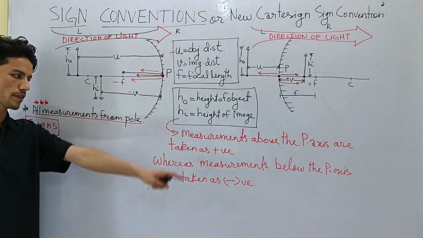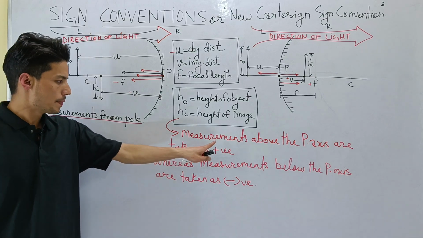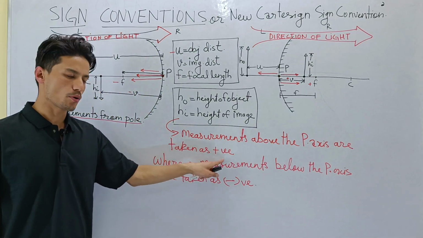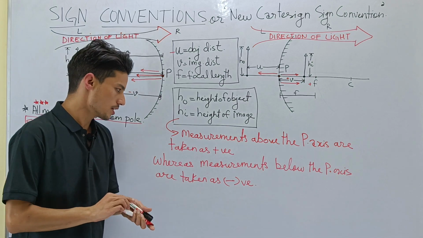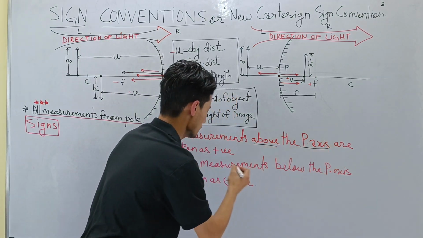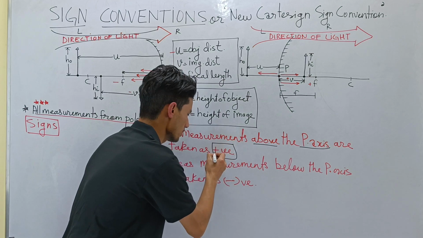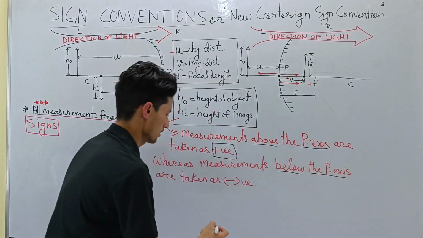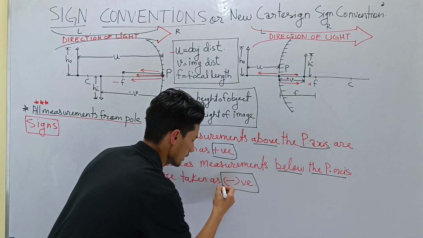Okay, this is a very important point. Above the principal axis means positive, below the principal axis means negative.